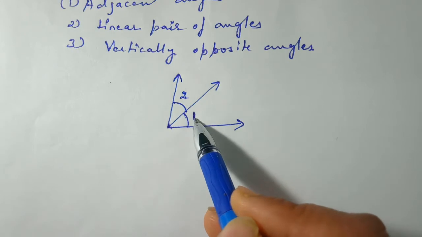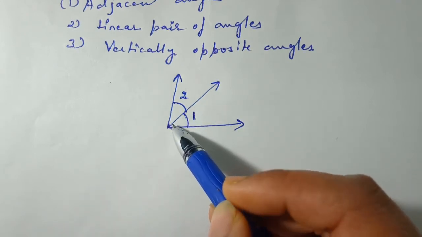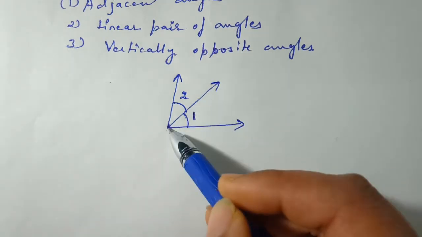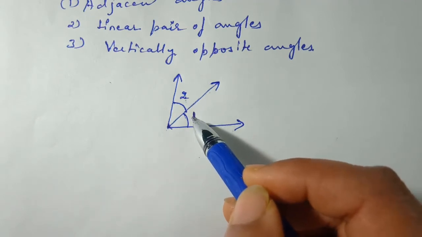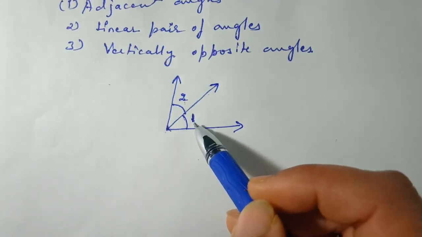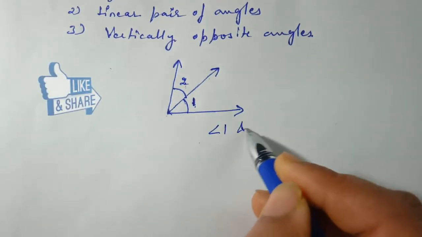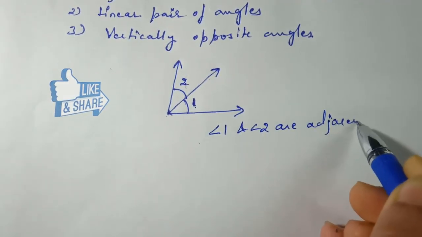Both of them are joined to each other. Why are they joined to each other? Because they have this arm as a common arm. That's why they are said to be joined to each other. Then we will say both the angles are adjacent angles. Then we'll say angle 1 and angle 2 are adjacent angles.